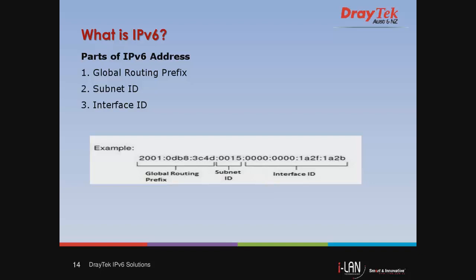Subnet ID is the 4th grouping of numbers, the 49th through 64th bits. It is the number that identifies the subnet within a site. It functions like the subnet field of an IPv4 address. The last part is the interface ID. It is the last 64 bits, which acts like an IPv4 host field.